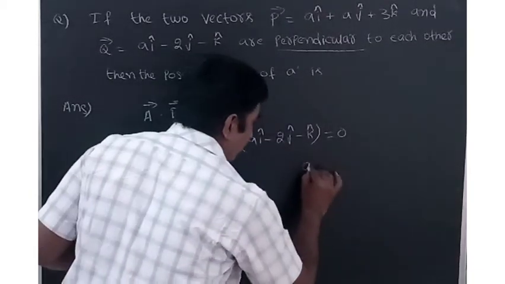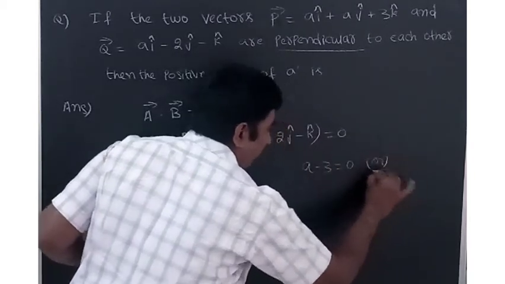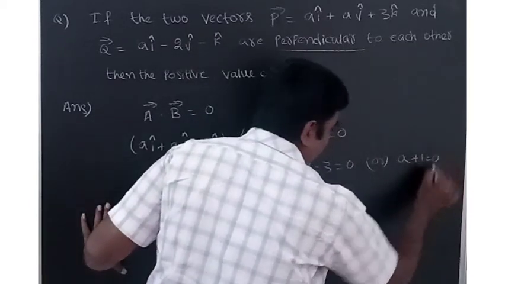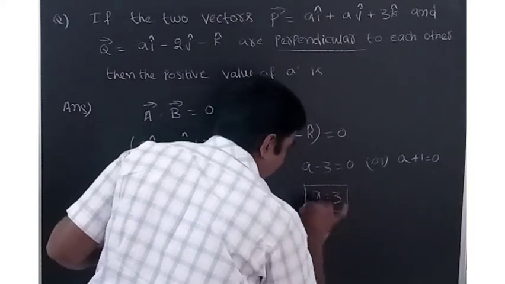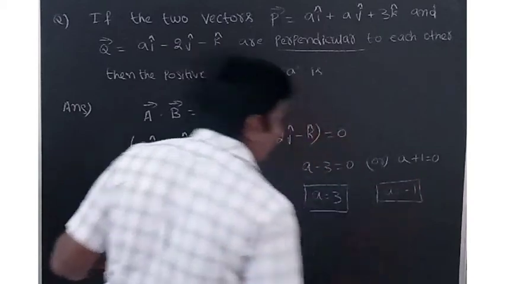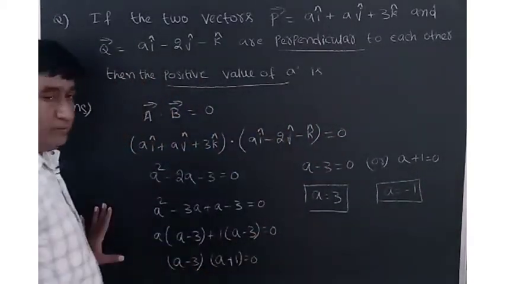So a minus 3 equals 0, or a plus 1 equals 0. We get a equals 3 or a equals minus 1. They ask for the positive value of a, which is nothing but 3.